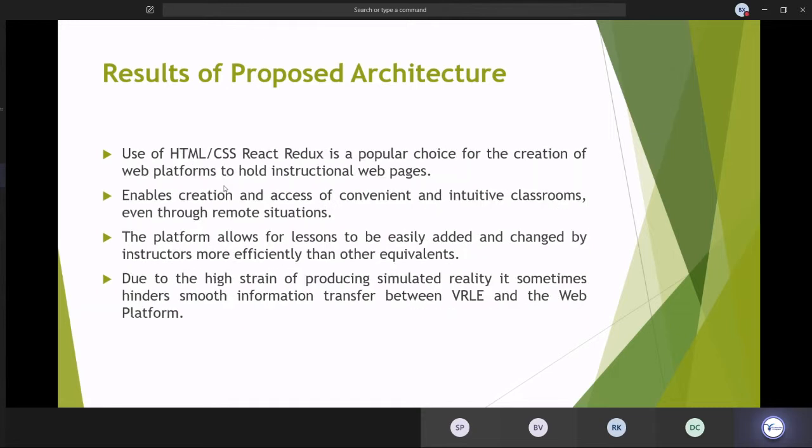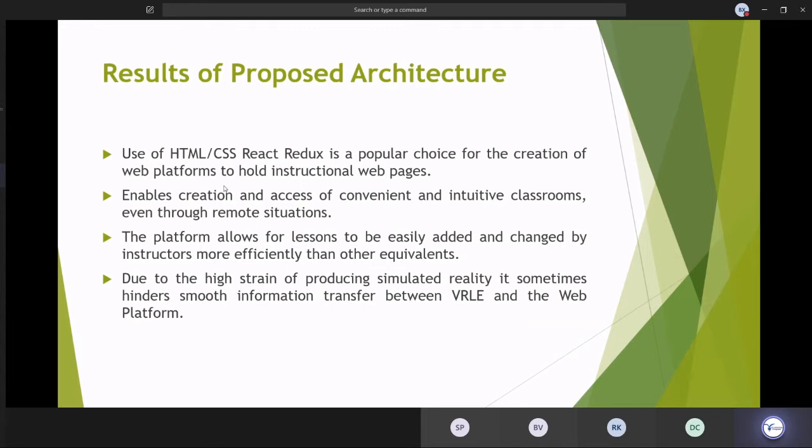Use of HTML, CSS, React Redux is a popular choice for the creation of web platforms to hold instructional web pages. It enables the creation and access of convenient and intuitive classrooms, even through remote situations.